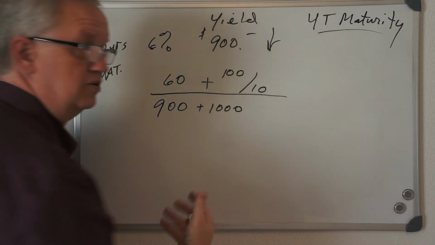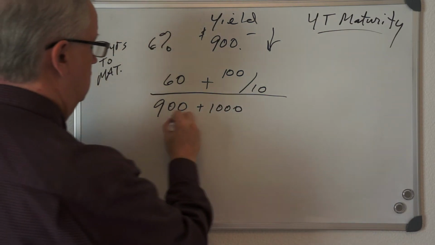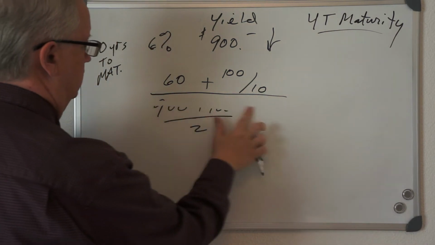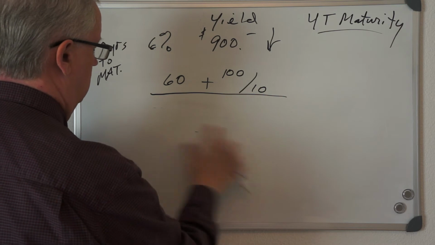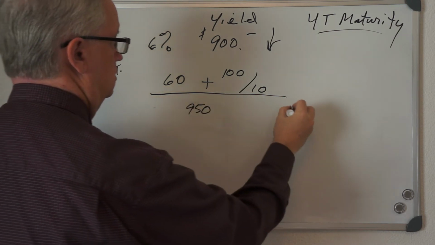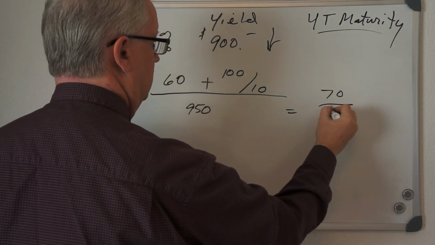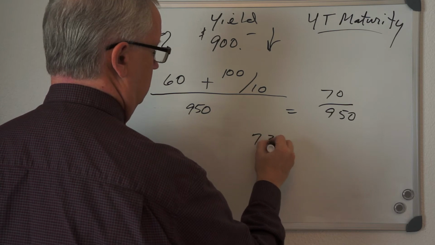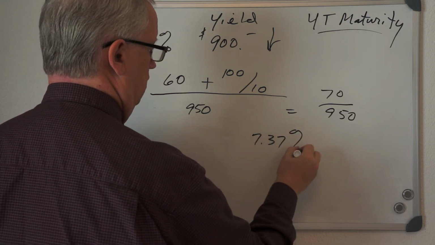Face value of a bond in your calculations, always 1,000. Divide that by 2. Okay? So right off the bat, I know this is 950. So this is going to be 70 divided by 950. And that's going to give us a yield of 7.37.